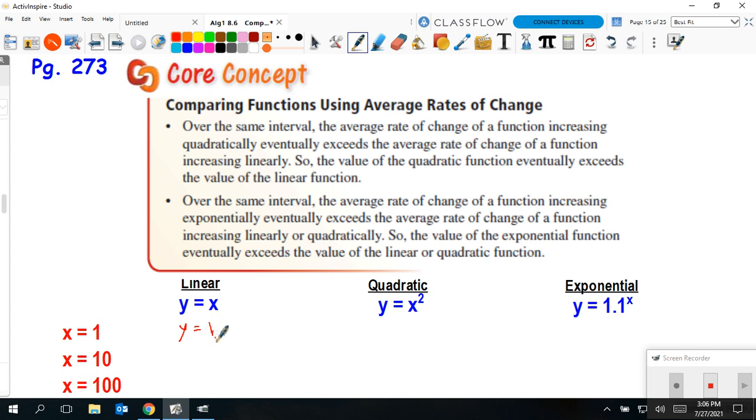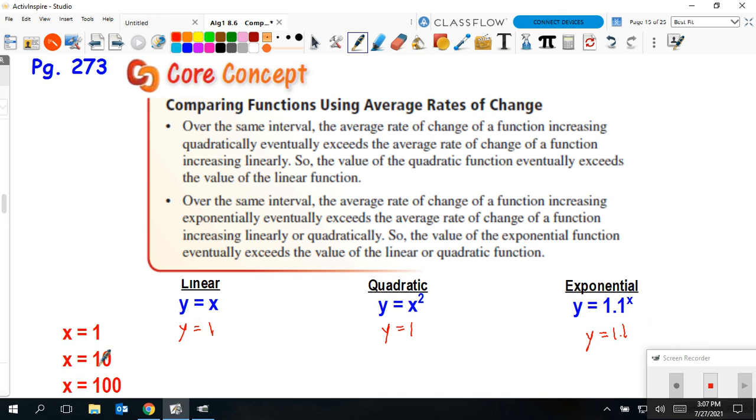On the y, how high is it going? It's going up 1. Here, 1 squared is also 1. So y is equal to 1. Linear and quadratic are the same when x equals 1. Here, if you put 1 in, 1.1 to the first power is just 1.1. So y is equal to 1.1. So just by plugging 1 in, you're all about the same spot with all three functions.